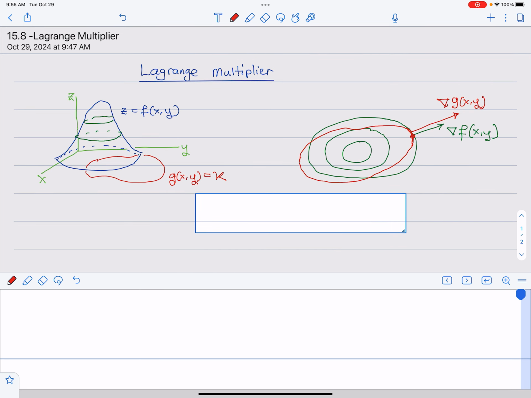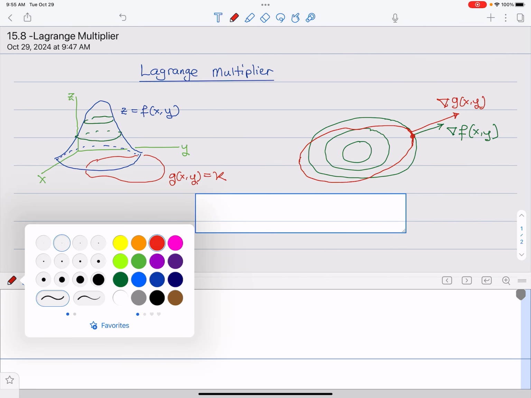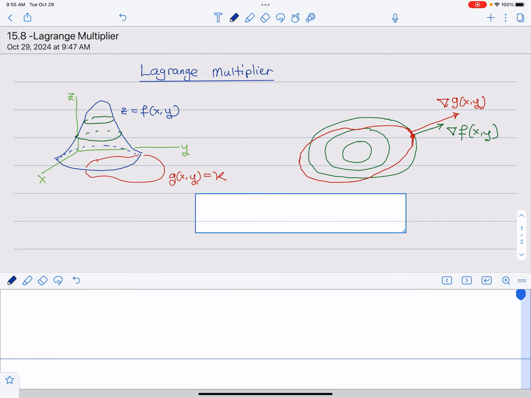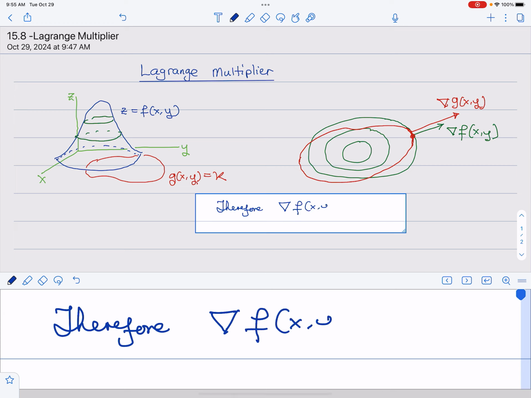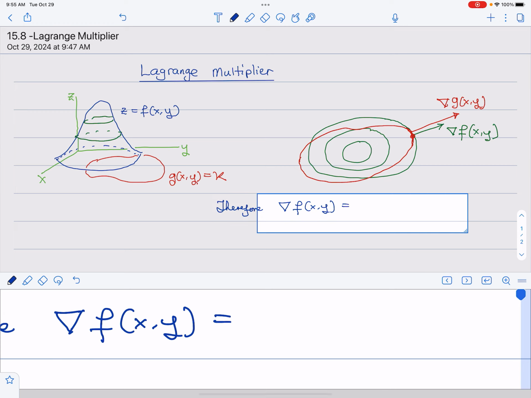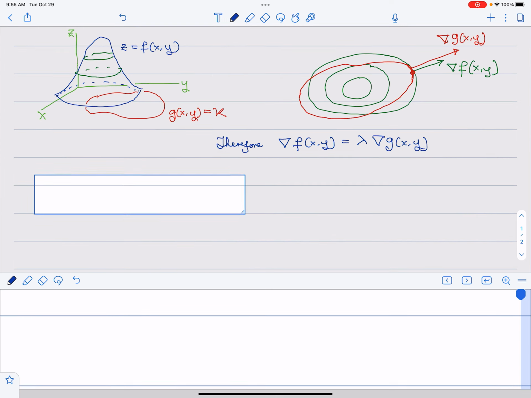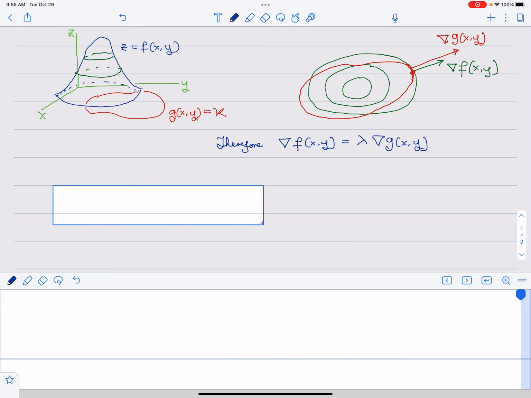Since they are parallel to each other, therefore there is a constant lambda such that the gradient of f is lambda times the gradient of g. So the method of Lagrange multipliers can be summarized as follows.